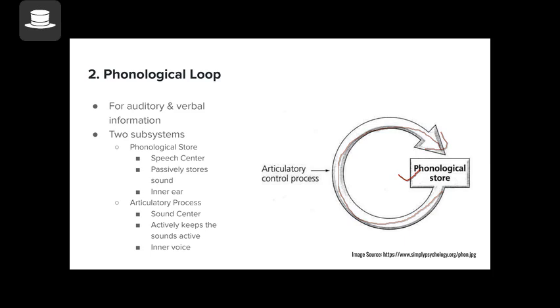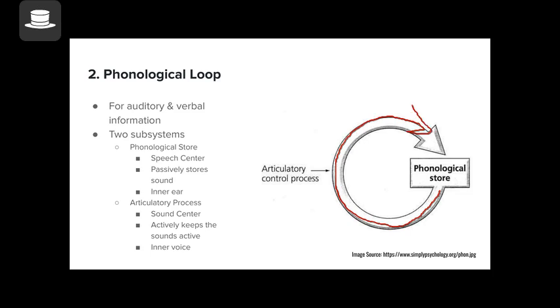So if you remember from the last video where we talked about how we can hold information for longer than its duration, one thing we said was that you can do maintenance rehearsal. Maintenance rehearsal is repeating the word in your head over and over again, right? Well, that repetition is because of the articulatory control process.